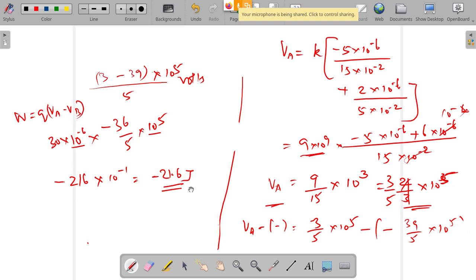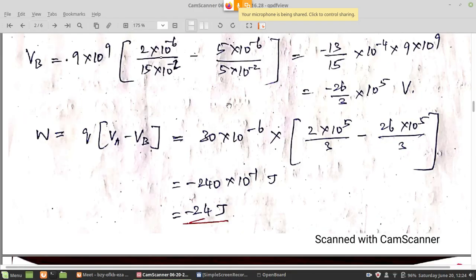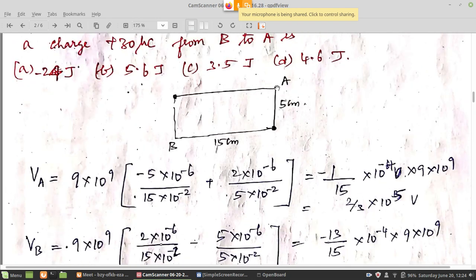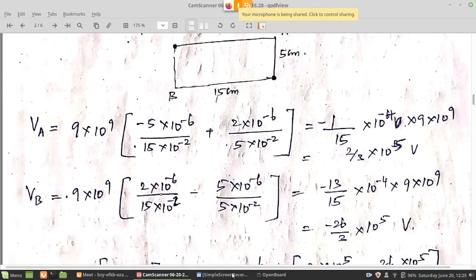You can do this in another way also. You don't have to calculate the potential difference. All you can do is again calculate the charge multiplied by the potential for each point. That is like you are calculating the energy required to bring the charge to A first from infinity, then again energy to bring the charge to B from infinity, then the difference in energy to take it from B to A. If you do that way also, you will get the same answer.